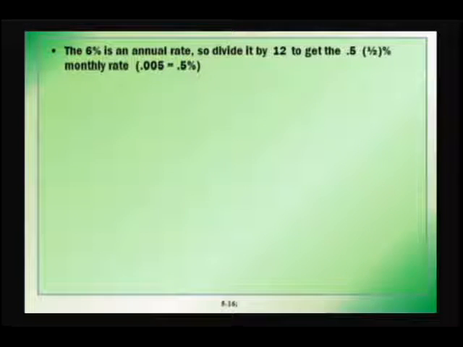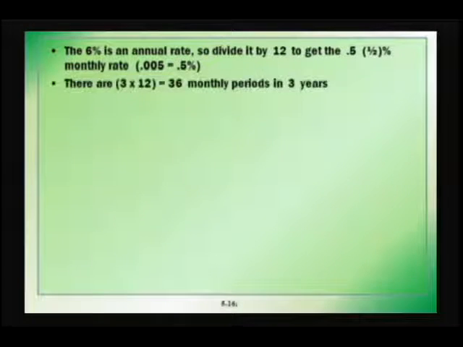So if I have a 6% annual rate, I divide it by 12 to get the monthly interest rate. I'm looking at 3 years, but I want a monthly period. 3 years times 12 months equals 36 monthly periods in those 3 years.